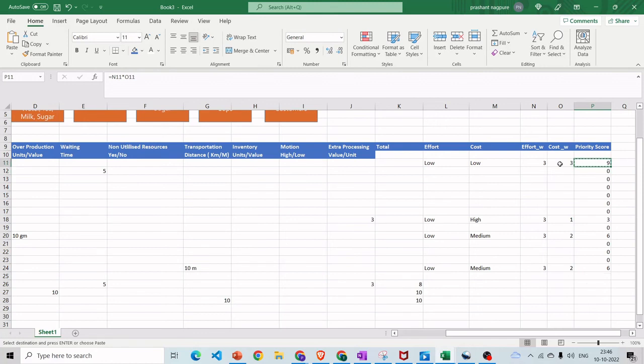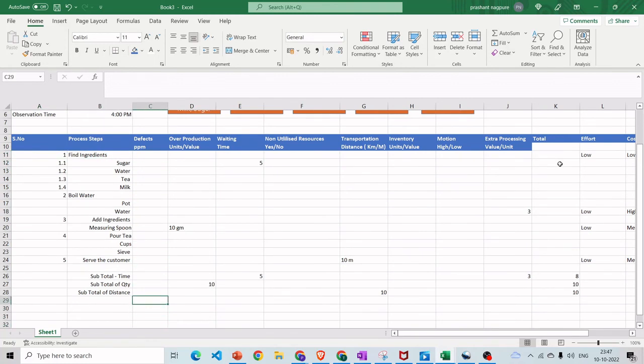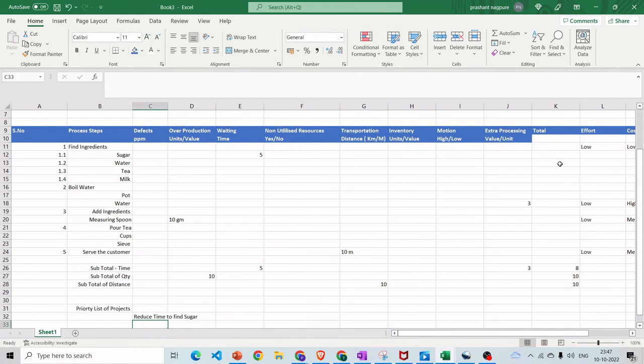Now based on this, what we can say is that it will make a lot of sense to help improve or to eliminate the waste in finding sugar. So we can say priority list of projects that we can do. So reduce time to find sugar, right?